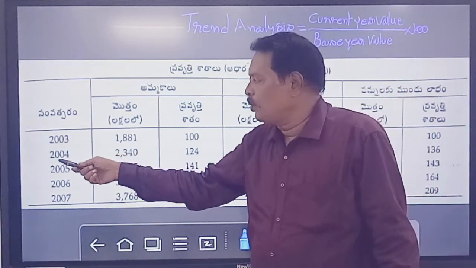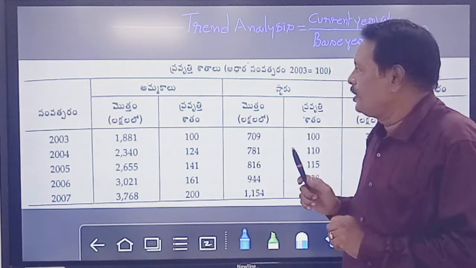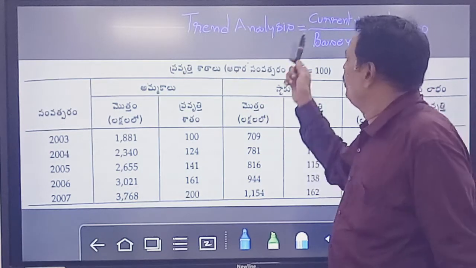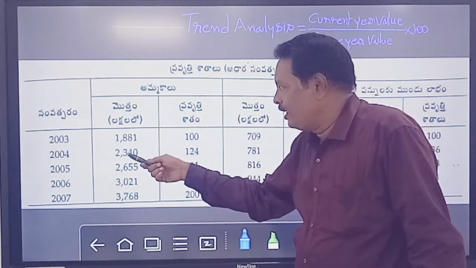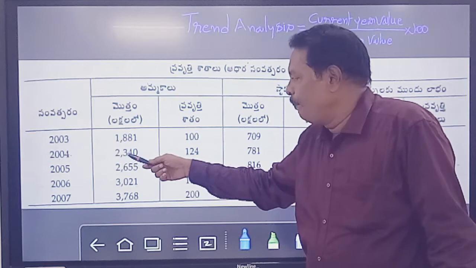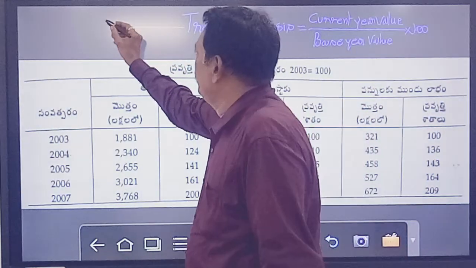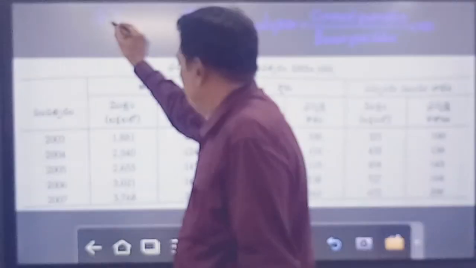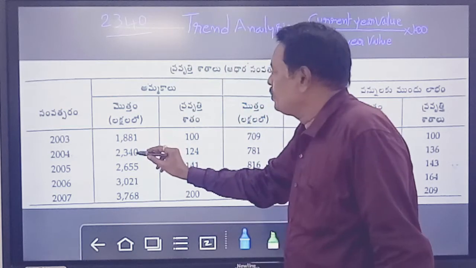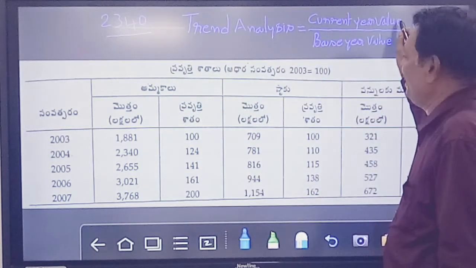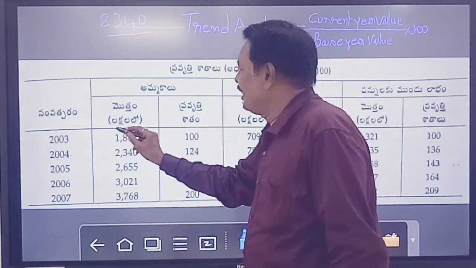For calculating 2004, how to calculate? You simply observe this formula. Current value. Suppose we are going to calculate the percentage for 2004. We simply write 2340 divided by base year. That means 2340 is the current year value, the 2004 value, divided by the base year.